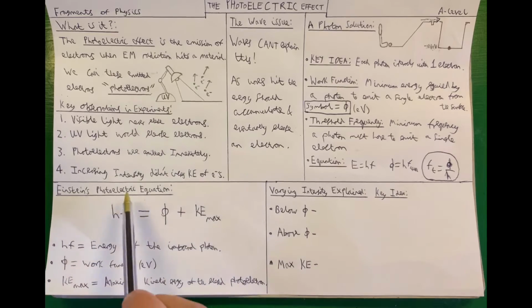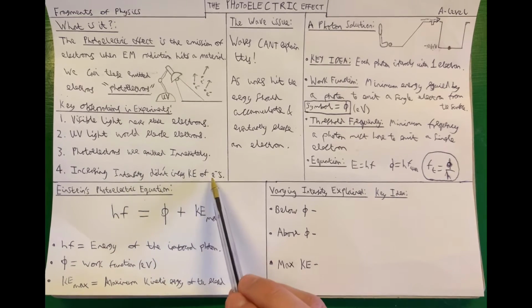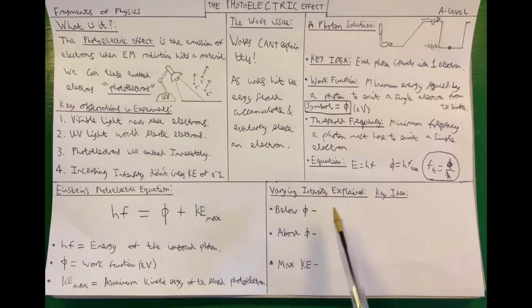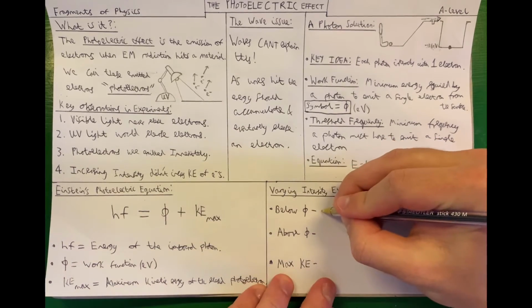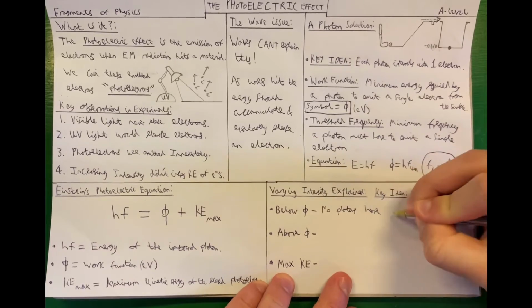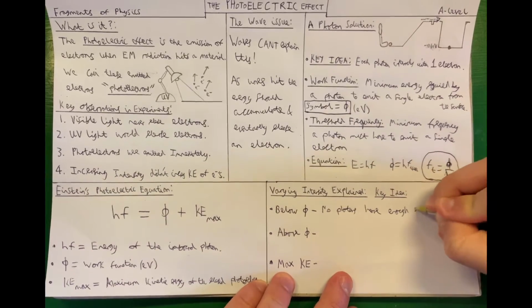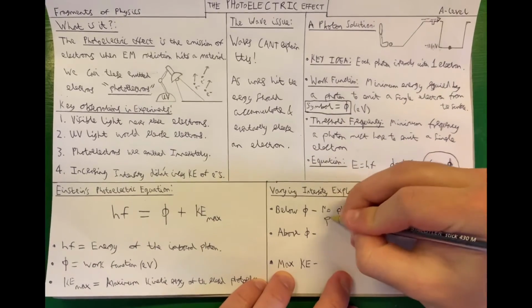We also have this idea about intensity. And we noticed that increasing intensity didn't increase the KE of electrons in these experiments. So let's talk about it. Why does increasing intensity not increase the amount of photoelectrons below the work function? Well, that's because no photons have enough energy to release photoelectrons.